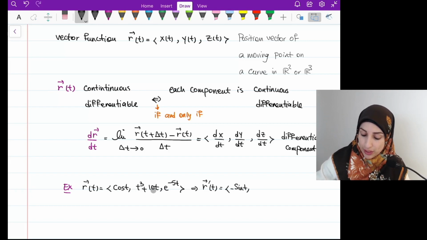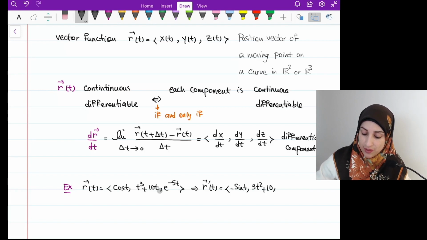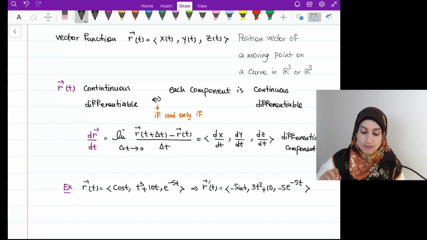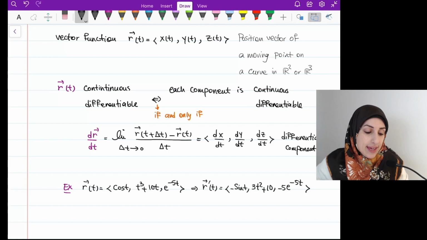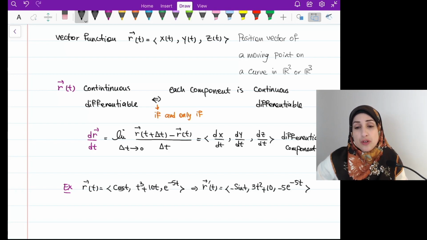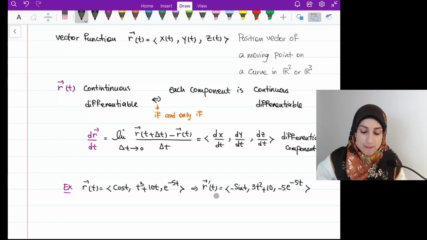The derivative of t cubed plus 10t is 3t squared plus 10. And the derivative of e to the negative 5t is negative 5e to the negative 5t. Okay? And since each of the components is differentiable, as you see here, the exponential is differentiable, the polynomial is differentiable, and the trigonometric function is differentiable, then the whole r of t is differentiable, and that's the derivative of that.